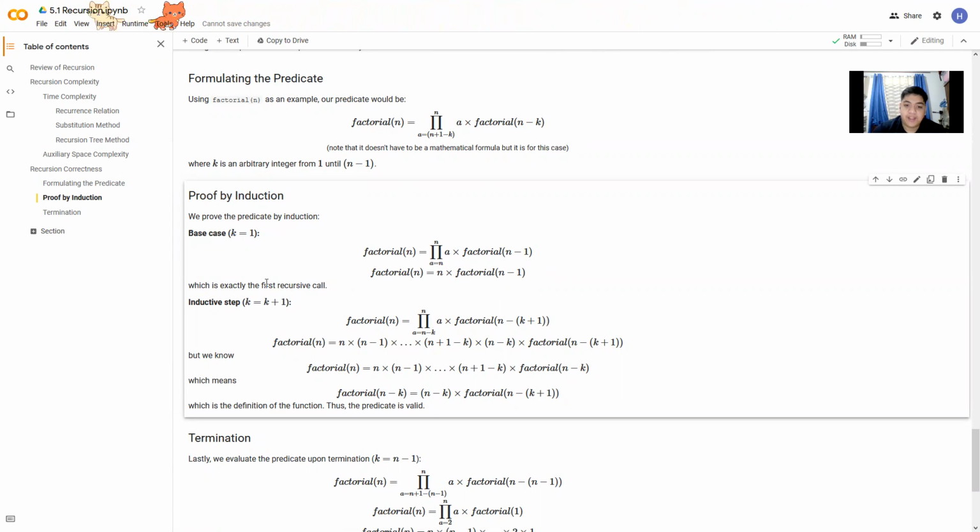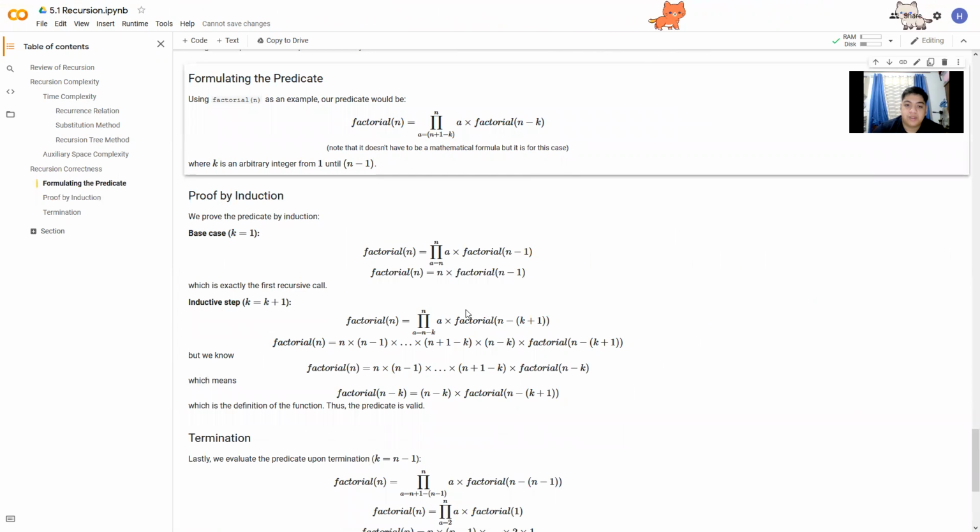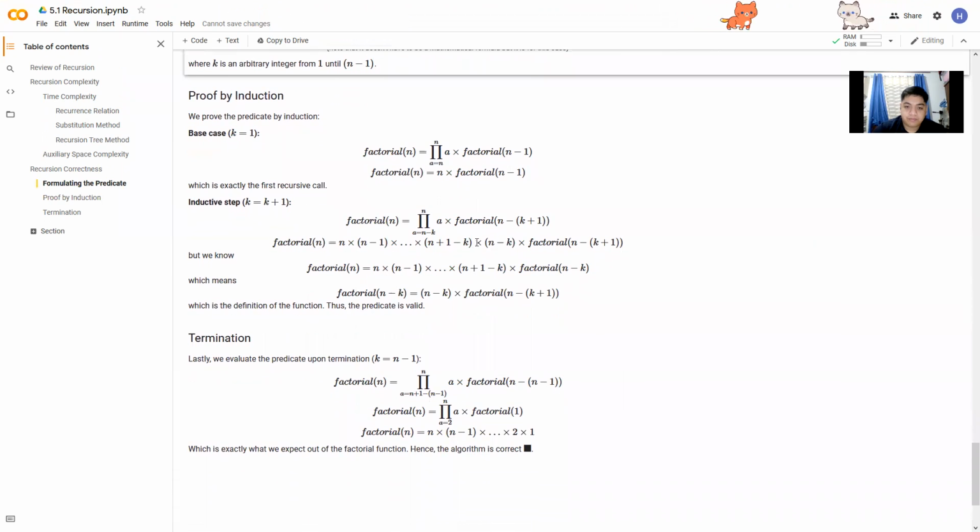Now, for the inductive step, let's have k equals k plus 1. So that means the boundary of our product at the bottom will be n minus k. Expanding this product term, we get n times n minus 1 until n minus k times the factorial of n minus k plus 1.